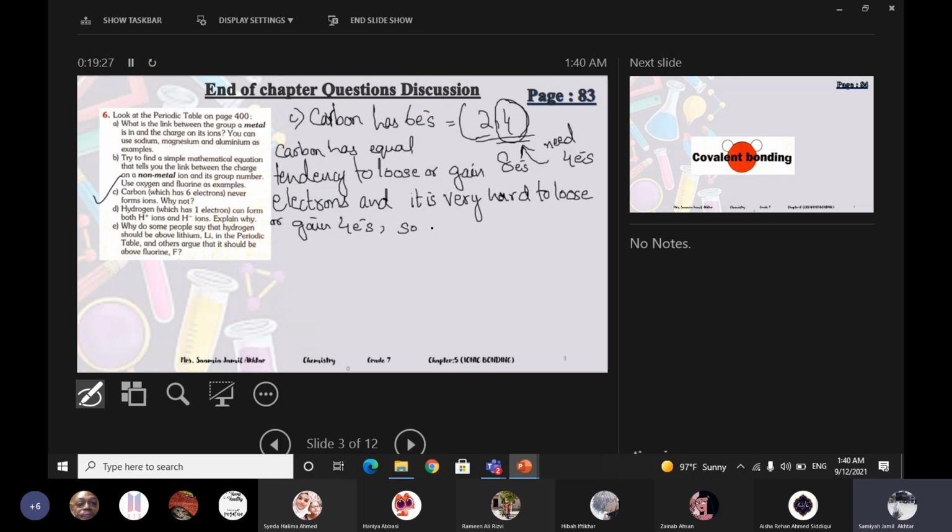So carbon prefers to share the electrons. By covalent bond? Yeah. In the next chapter we will study how carbon shares the electrons.